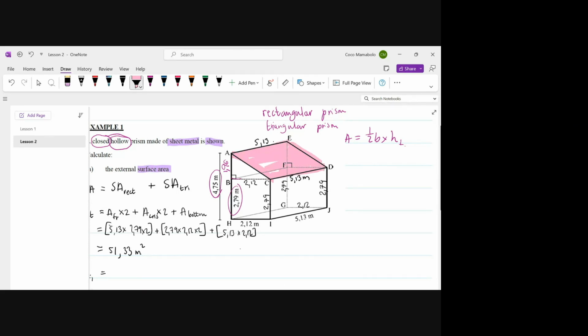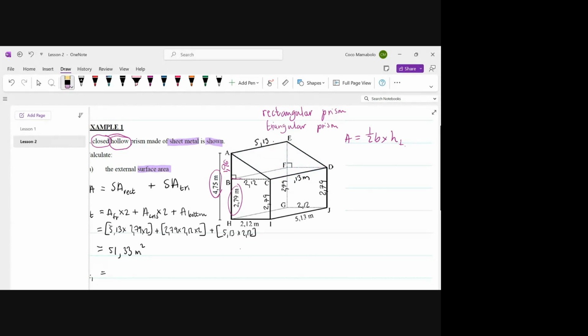I know the length of this rectangle. The thing that's missing is this side. I'm missing the breadth, and I'm not going to be able to see it anyway. They haven't given that to me. So what I need to do, just like Abu suggests, is calculate using Pythagoras, because I've got a right-angled triangle.